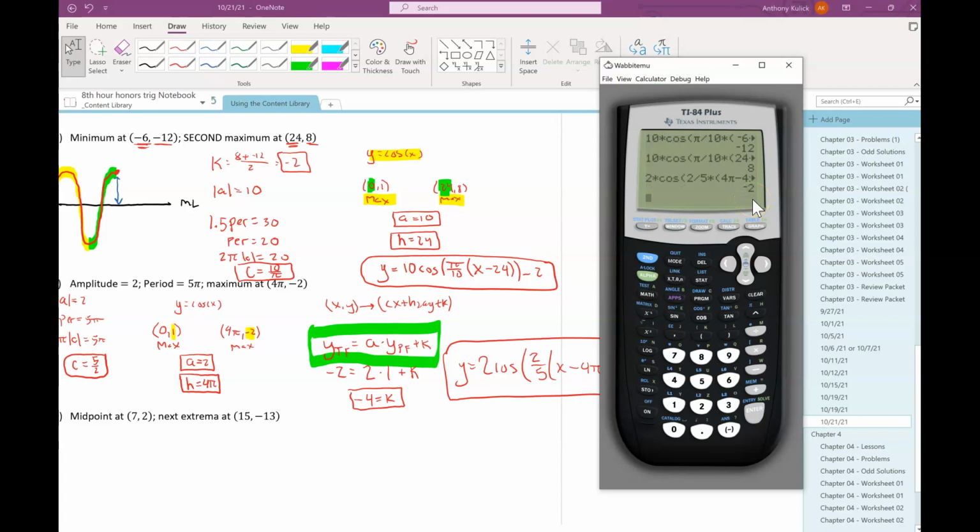Does that make sense to what I'm doing there with my checks? Now, it's not a 100% check, and you could have goofed up something else still in here, but it's a pretty good check. It'll catch the common mistakes, like if you forget to make something negative when it needs to be, or if you screwed up the C value when you're finding your period, or if you pick the wrong H for the sine versus cosine.